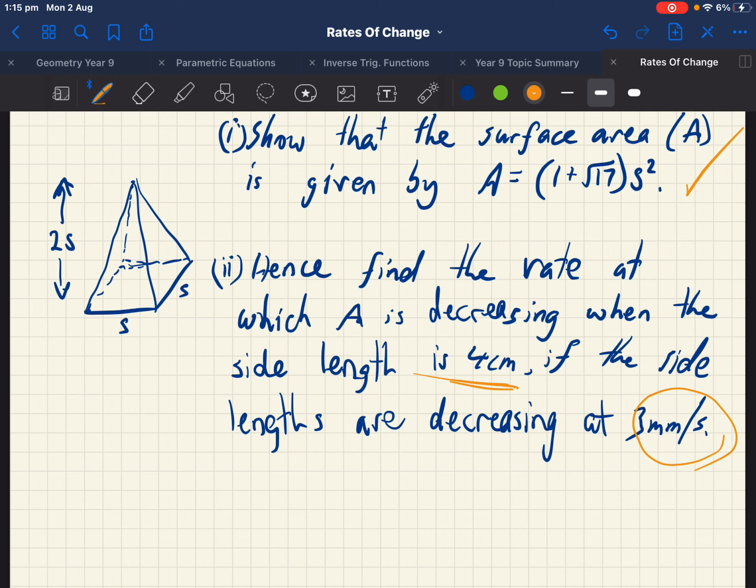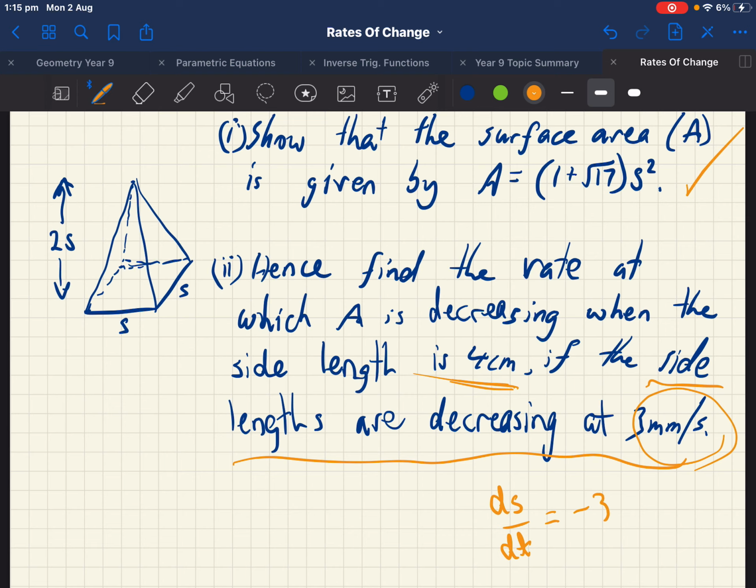So, what do we have? The side length is decreasing at -3. What does this mean mathematically? ds dt, the rate at which the side length is changing, is -3.